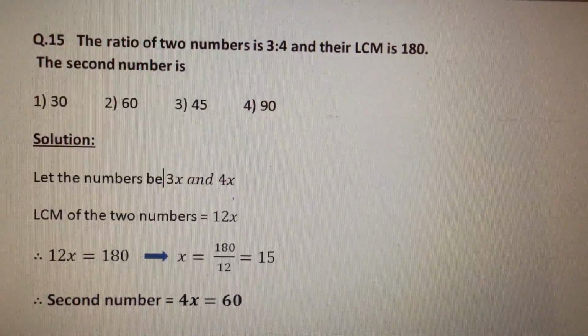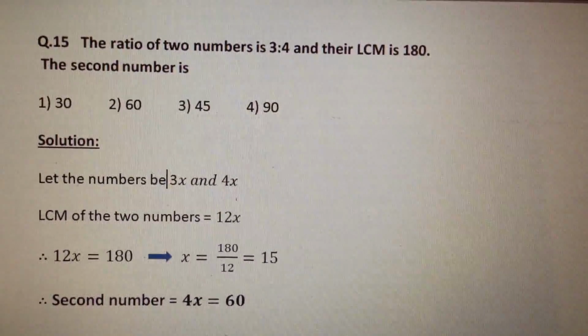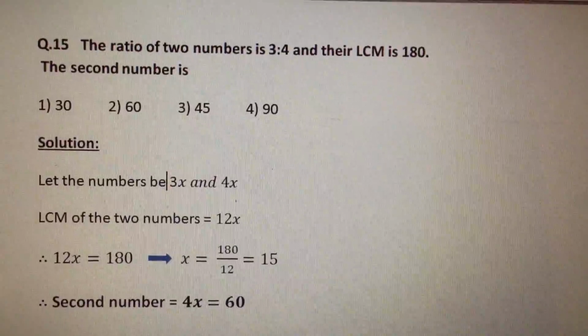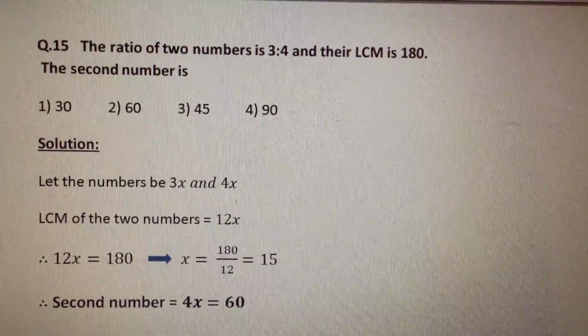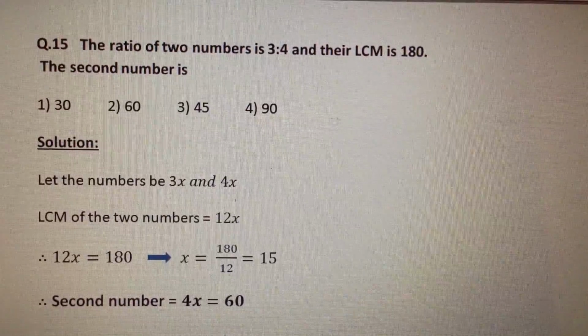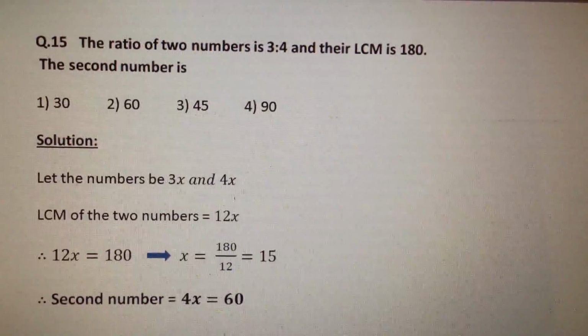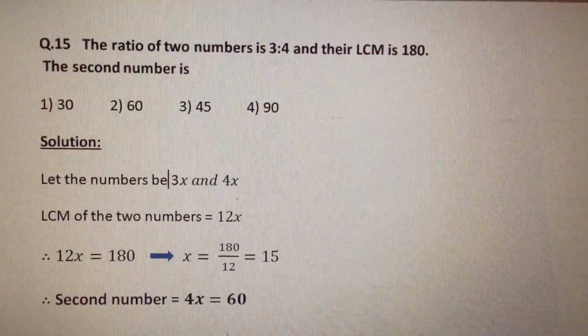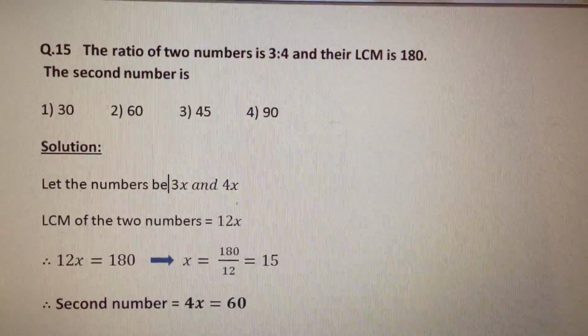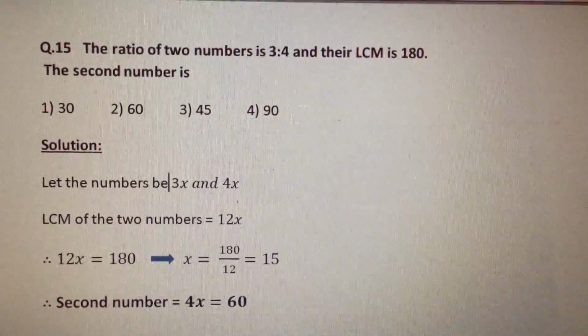Next question. The ratio of two numbers is 3:4 and the LCM is 180. The second number is, let the numbers be 3x and 4x. So LCM of these two numbers is equal to 12x.